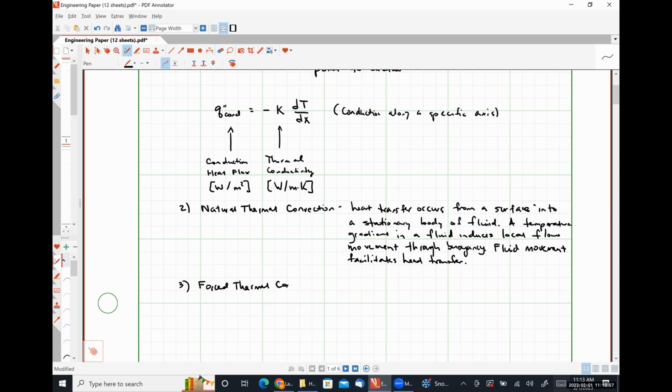So forced thermal convection is heat transfer to a body of moving fluid.